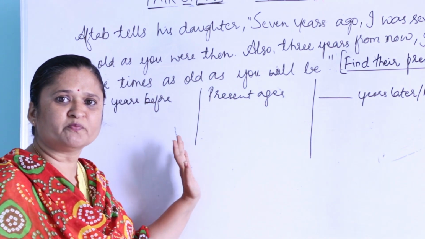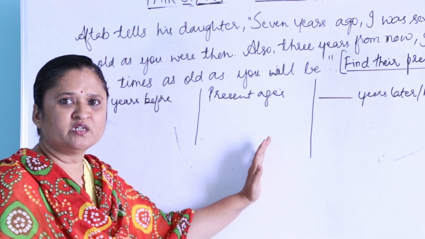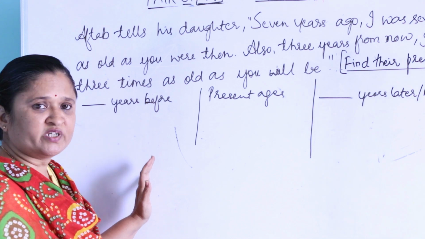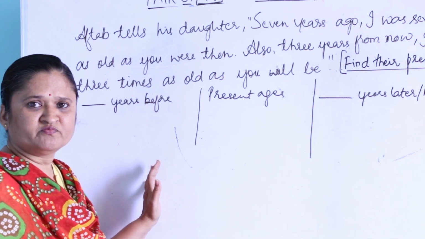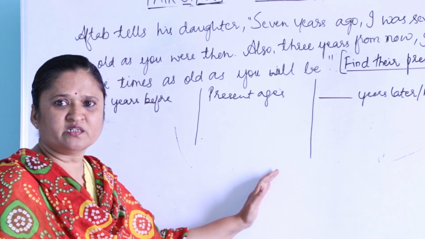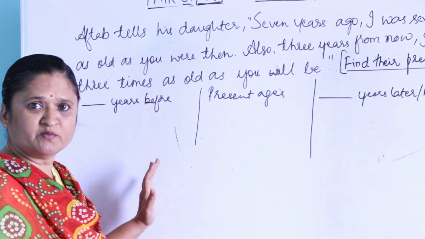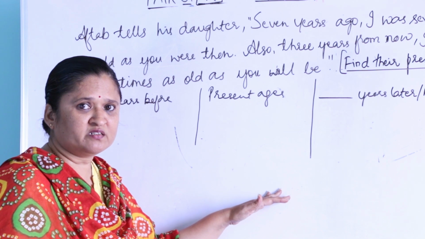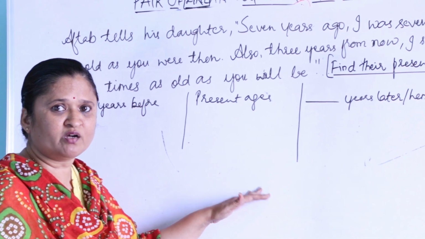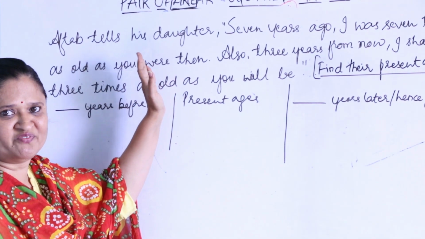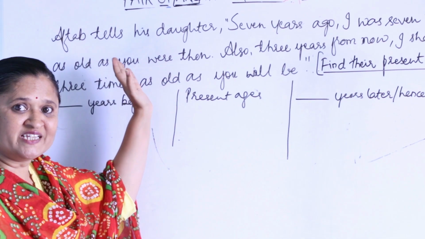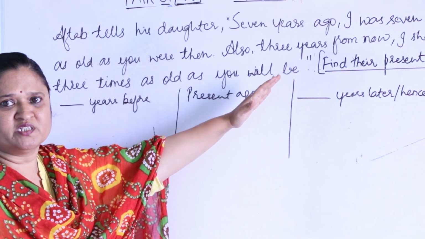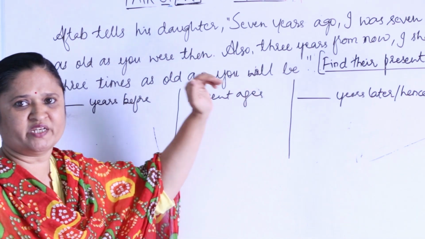So who is depending on whose age now? If daughter was 7 years, Aftab would be 49 years. 7 times. If daughter was x, he would be 7 times x. Right? So who is the dependent? Aftab's age is the dependent variable, because his age depends on whatever the daughter's age comes. So daughter's age is the independent variable.